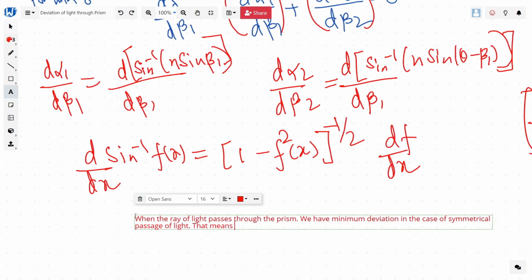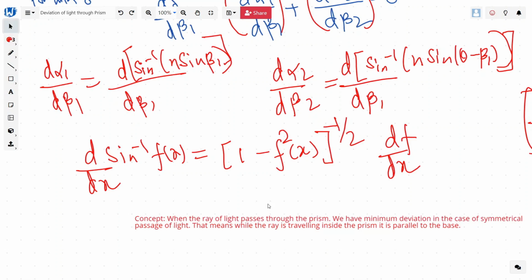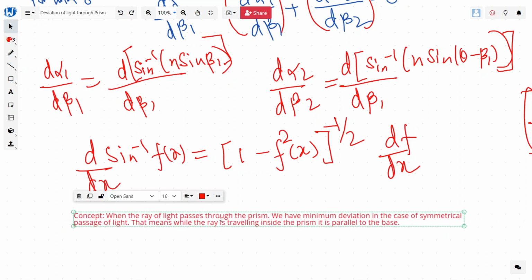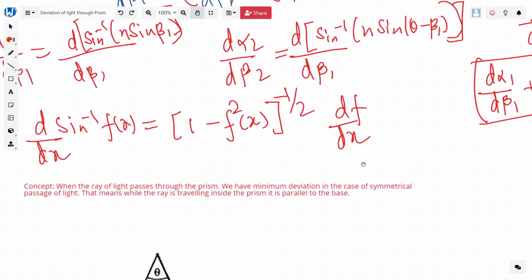That means while the ray is traveling inside the prism, it is parallel to the base. This is an important concept, so we're going to call it our concept. Remember this, and that's all you need to know. Do all the physics, forget about the maths here. I will explain it once again because this is important. This is going to come many times.